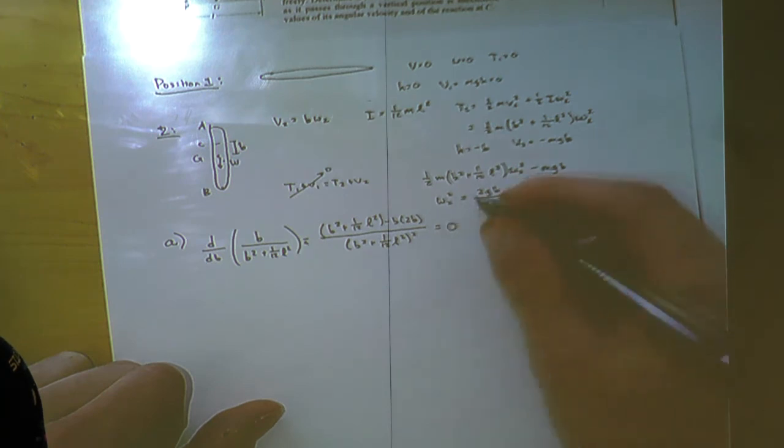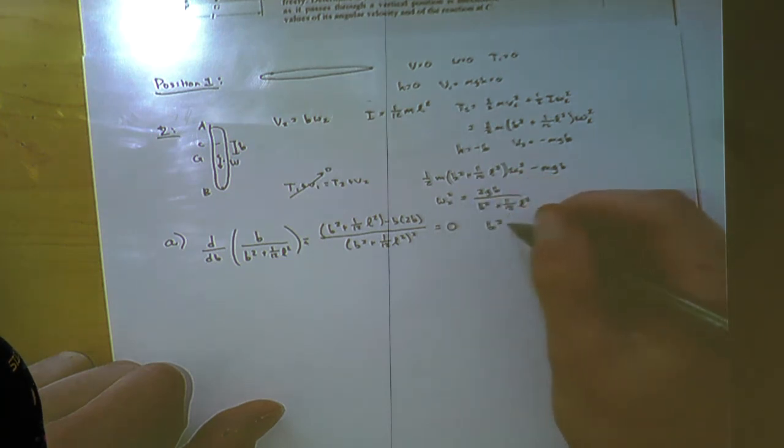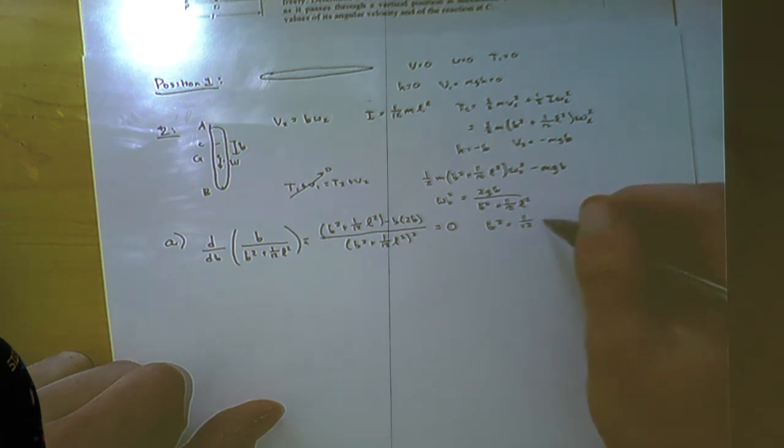And that's equal to 0. So solving for that, we get b squared equals 1/12 L squared. So b is L over the square root of 12.